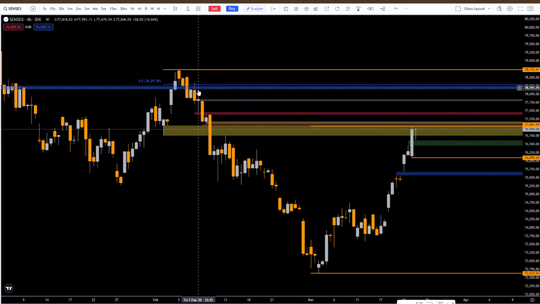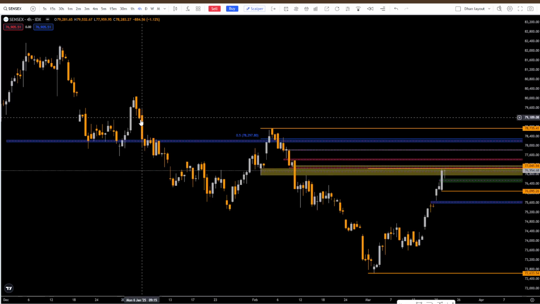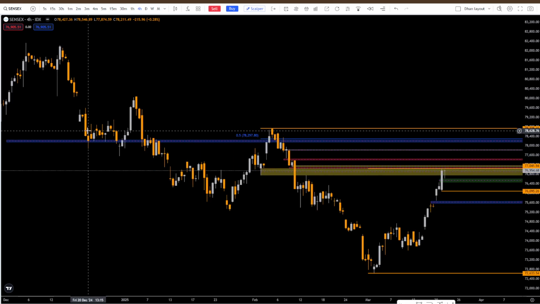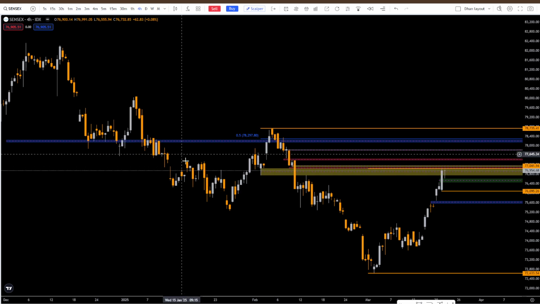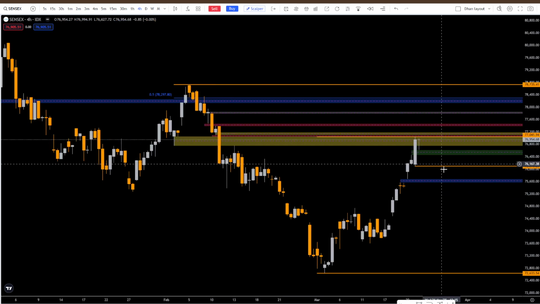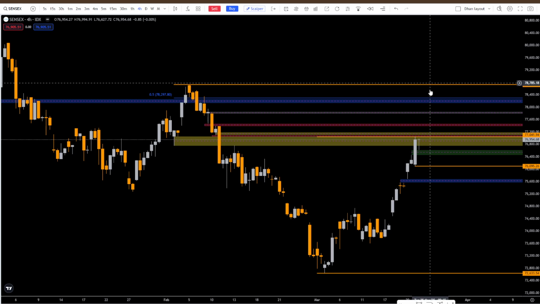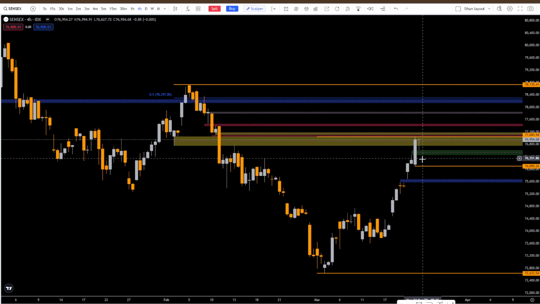So as you see, there's no clear कुछ ऐसा like this candle. इतना बड़ा कोई fair value gap नहीं है. So काफी price action दिख रहा है. Like if you see even historically भी इस zone में काफी trading हुई है. So I don't think it's going to be very easy for market to cross this. Slow and steady, I'm expecting.